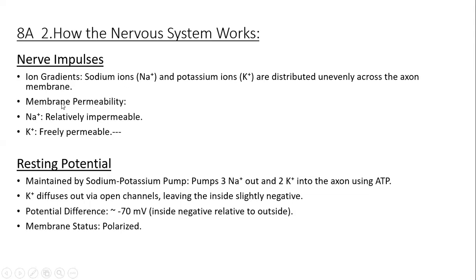That is a gradient. Sodium ions and potassium ions are distributed unevenly across the axon membrane.